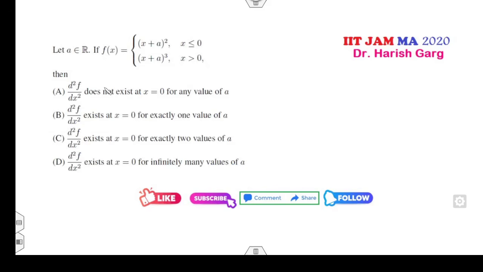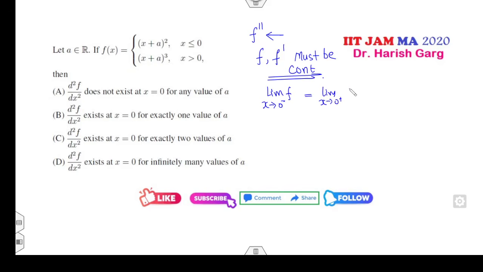Okay, f is defined, and we check whether the second derivative exists or not. When the second derivative exists, that means f and f dash must be continuous. So first, when will f be continuous? When the limit of f at the point 0 negative and the limit as x approaches 0 positive must be f of 0.